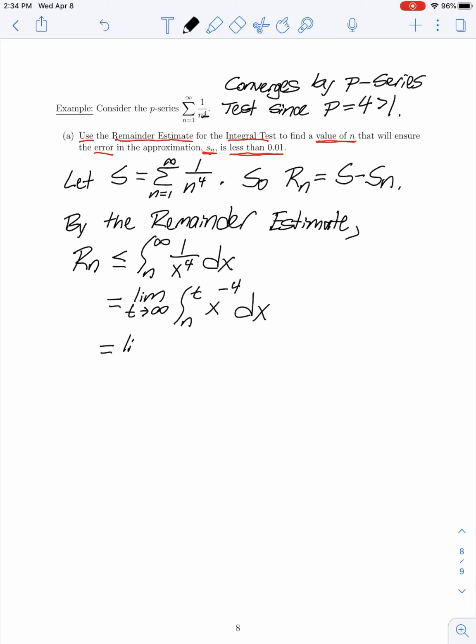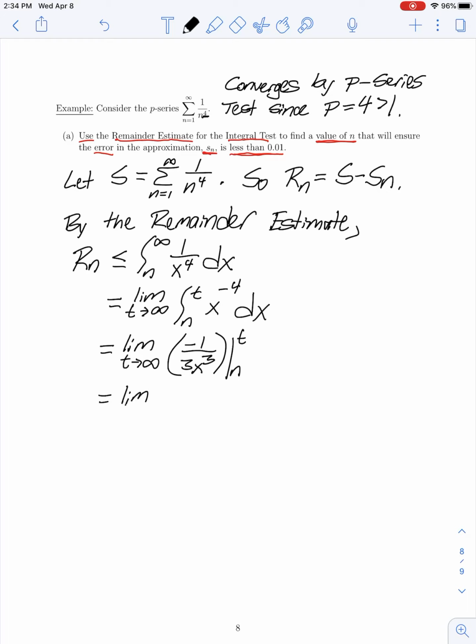So we have the limit as t approaches infinity of, for our antiderivative, x to the negative third divided by negative 3, or negative 1 over 3x cubed, which we're evaluating from n to t.